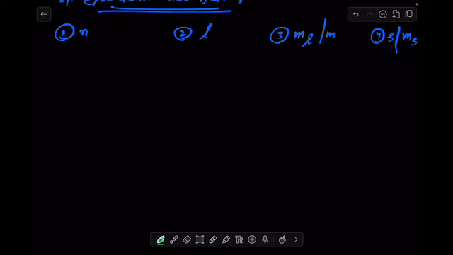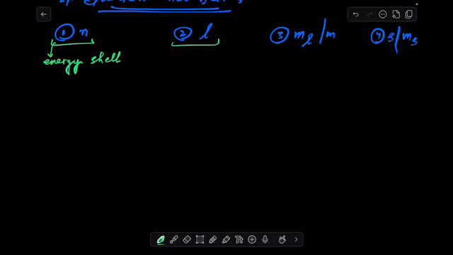So the first one, n, the principal quantum number, is going to help in finding the energy of the orbit or energy of the shell, energy of the level, energy of the electron which is present in this shell.